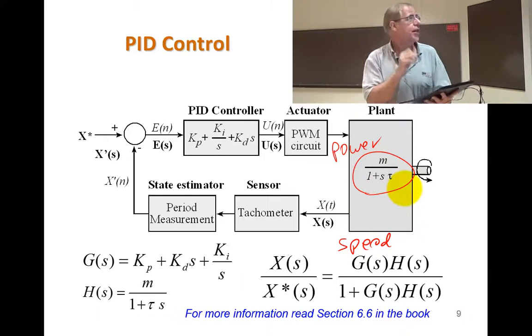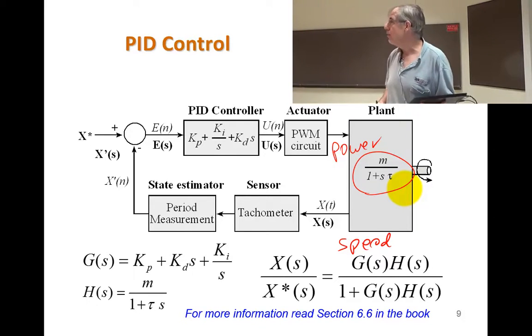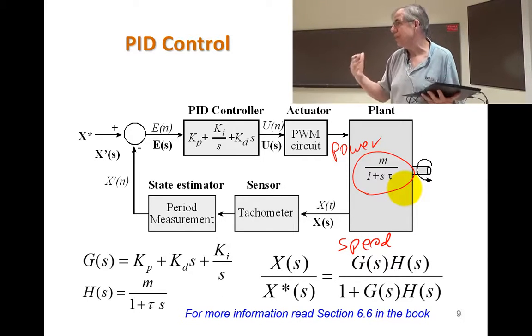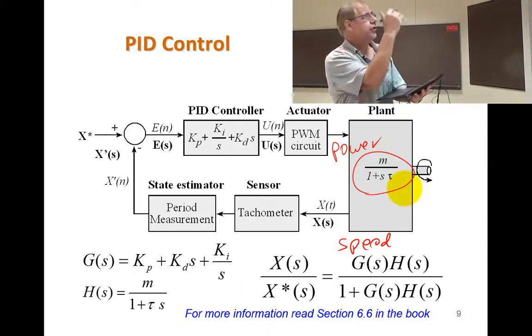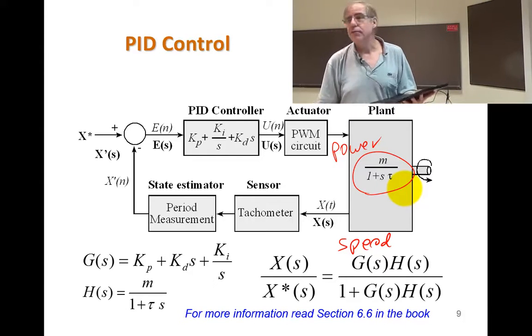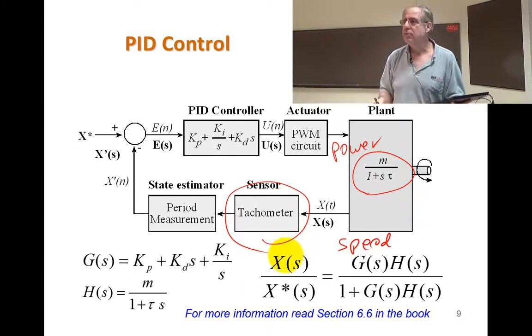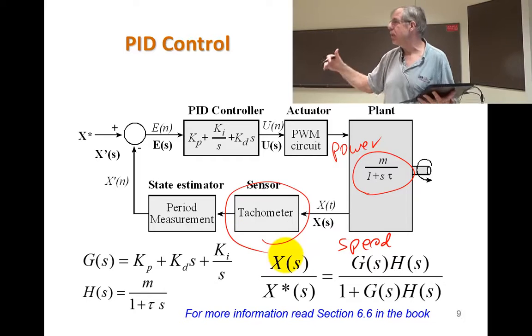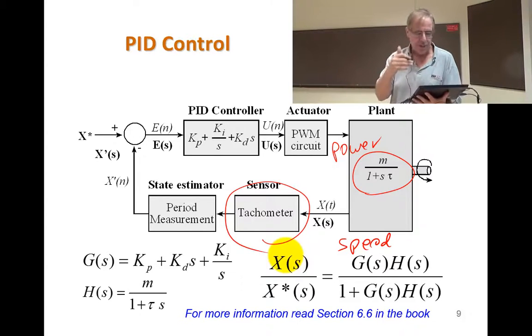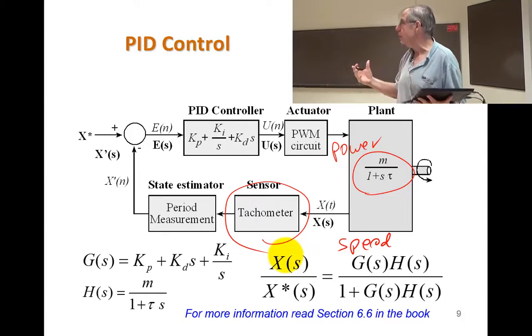But if you can write a linear equation for the physical plant, and nobody ever can, by the way, so this whole thing is a little bit obsolete. If you can write a linear equation, then I can write equations for everything. Okay? I can write equations for the tachometer. What is the relationship between the speed in RPS and the period or the frequency in digital form? Well, we saw that, right?